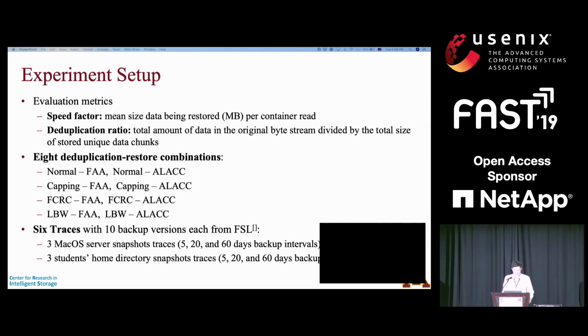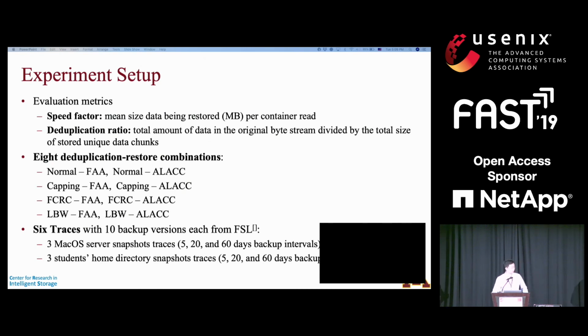In order to test our deduplication rewrite algorithm, we implement 8 combinations of dedupe and restore. The normal one is the one with no rewrite. That's the normal dedupe, so we can have the highest deduplication ratio, but maybe its restore performance is the lowest. Capping is container capping, and the other is the one we proposed.